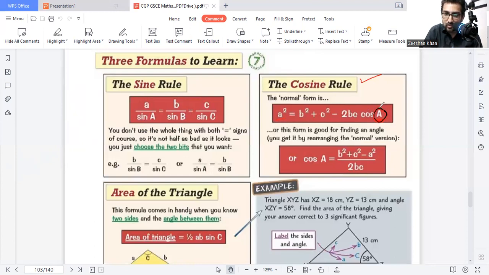When you write a square at the start, which is one side of the triangle, you also write capital A here, which is the angle. If you write b square equals a square plus c square minus 2ac, then it will become cos B.